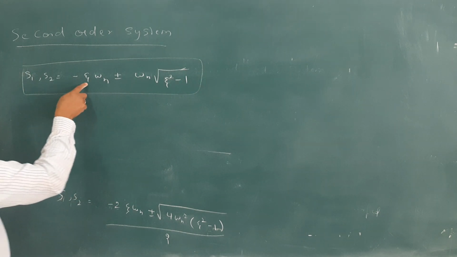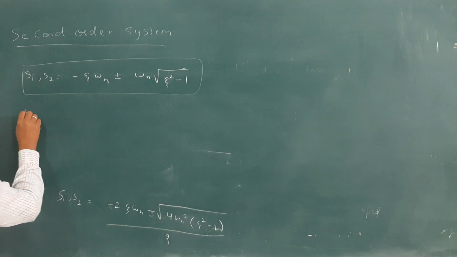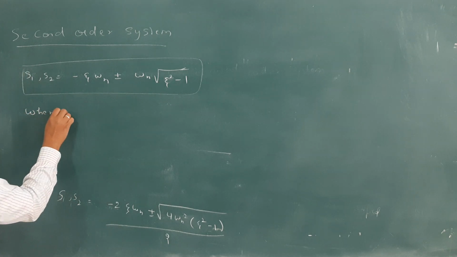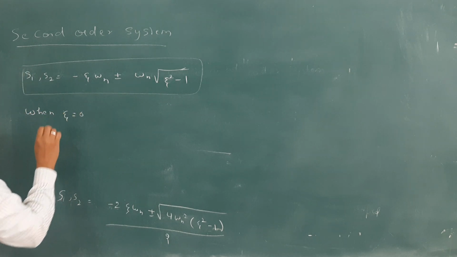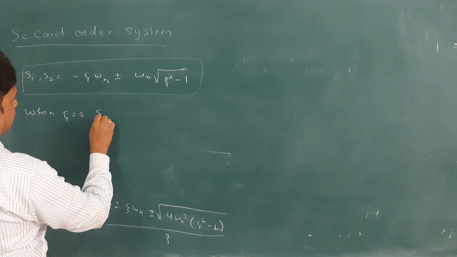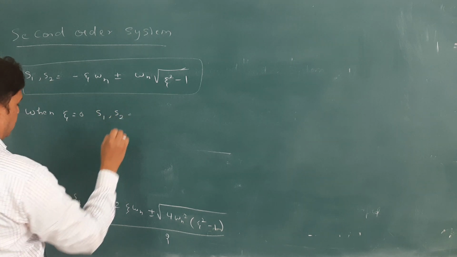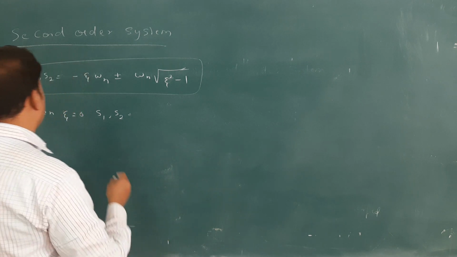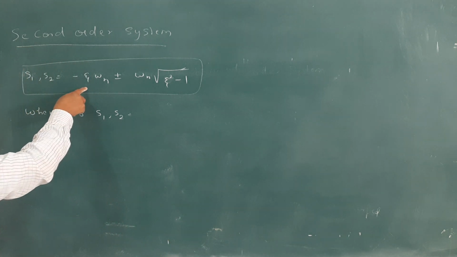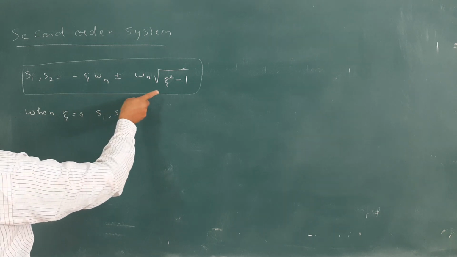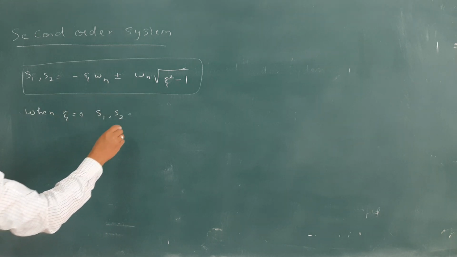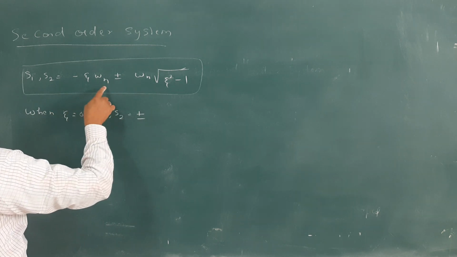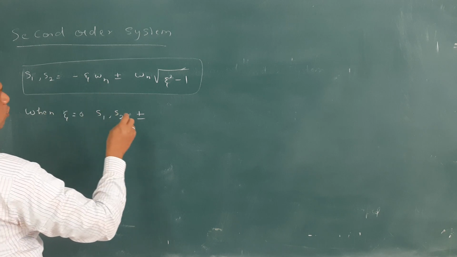Now here we have the zeta value. When zeta is equal to 0, if you substitute here, S1 comma S2 is equal to plus or minus j omega n.